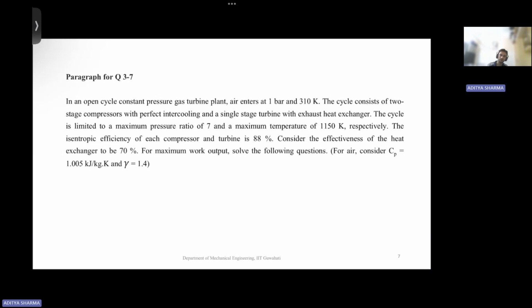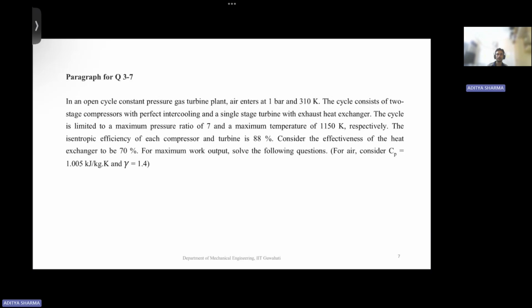In an open cycle constant pressure gas turbine plant, air enters at, so the entry condition is given to us. T1 is given. The cycle consists of two-stage compressors with perfect intercooling and single stage turbine with exhaust heat exchanger. So perfect intercooling has been given. Two compressors are there, and in this cycle, heat exchanger has been used and the turbine expands the gas in single stage.